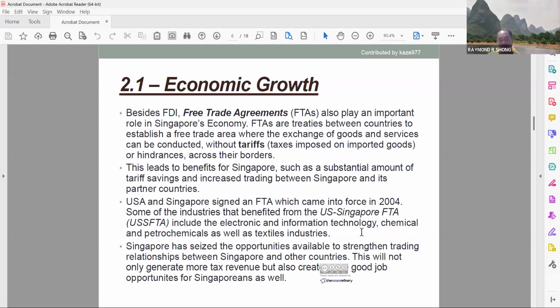Then, of course, with the FTAs, the governments in other countries like the US, the Europeans, as well as Southeast Asia and the Middle East, like Saudi Arabia. And recently, the government of Singapore went to visit Luxembourg.